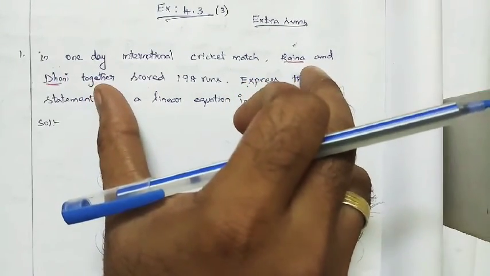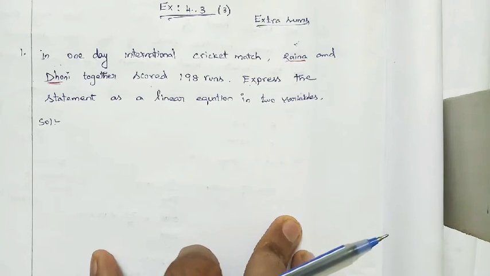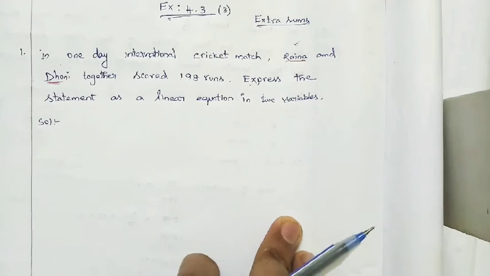With the given condition, I am going to form an equation. First we have to consider some variables for the objects or the people. Here there are two people, one is Raina, another one is Dhoni.